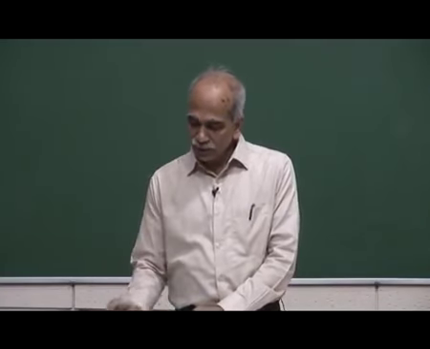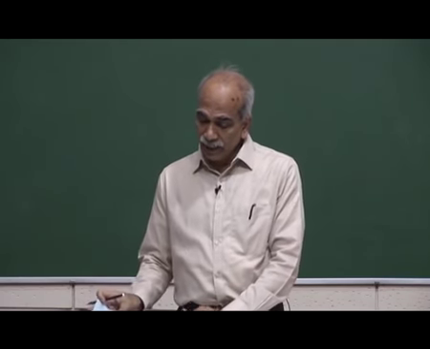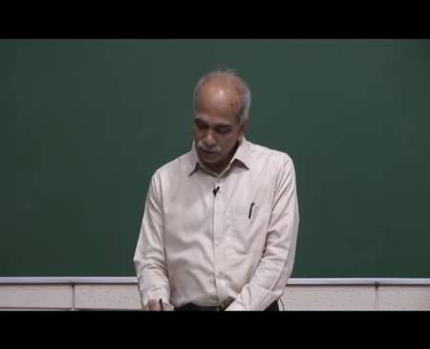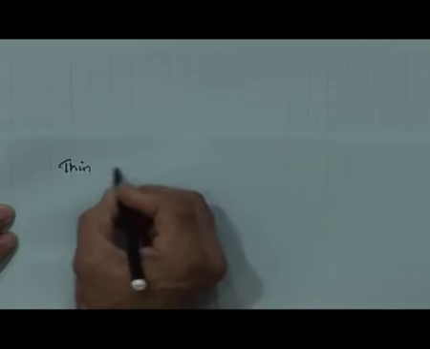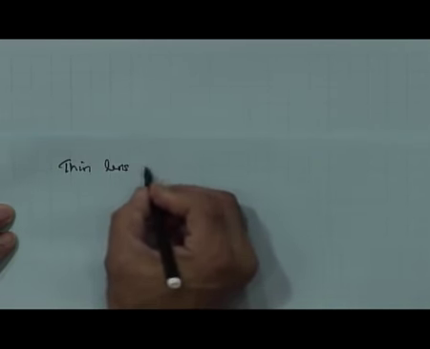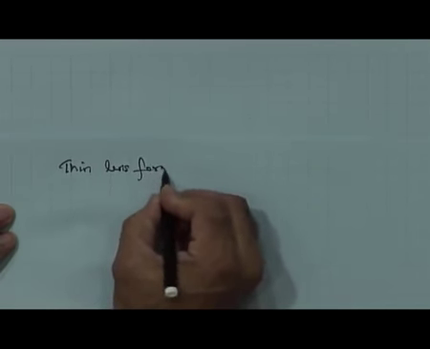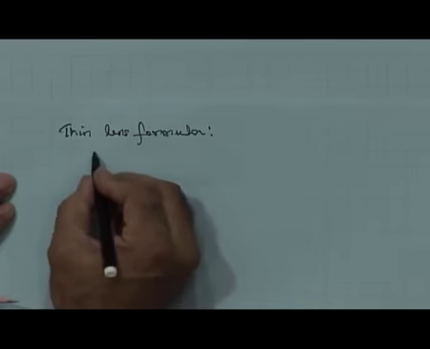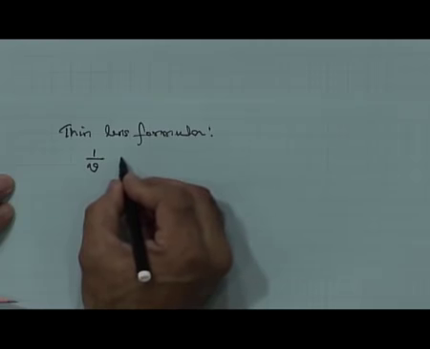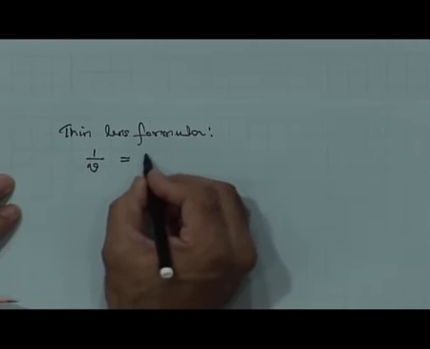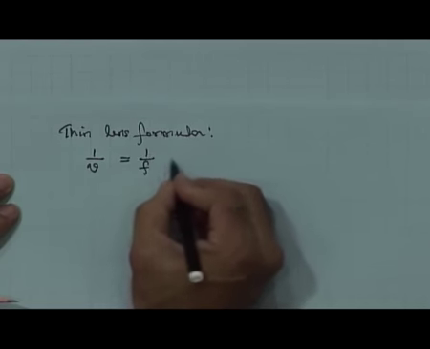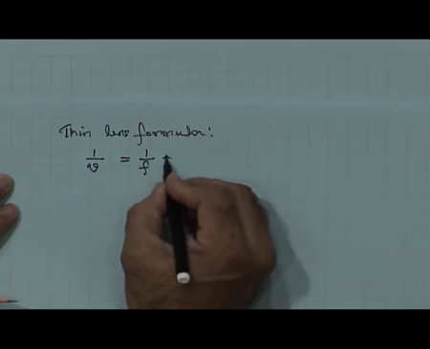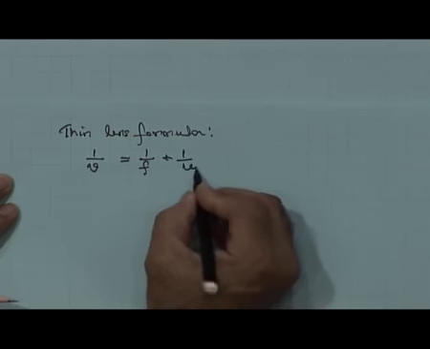So, let us use the thin lens formula. 1 over v minus 1 over u is equal to 1 over f, or let me take 1 over u to the other side, so plus 1 over u.